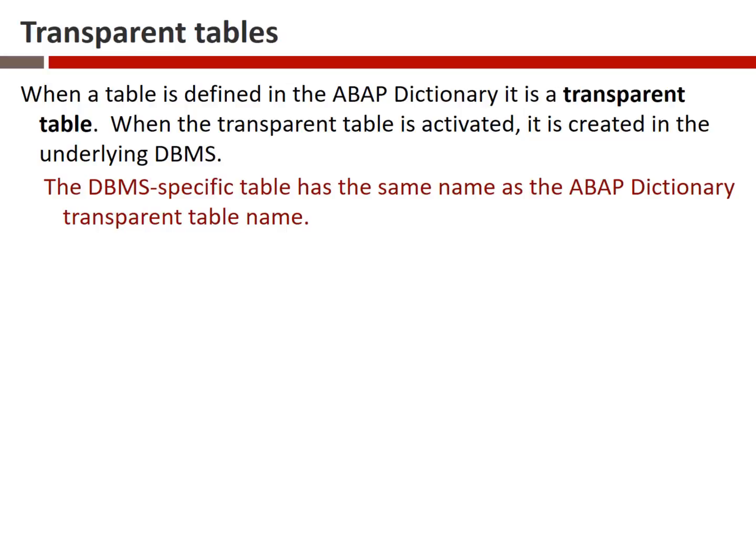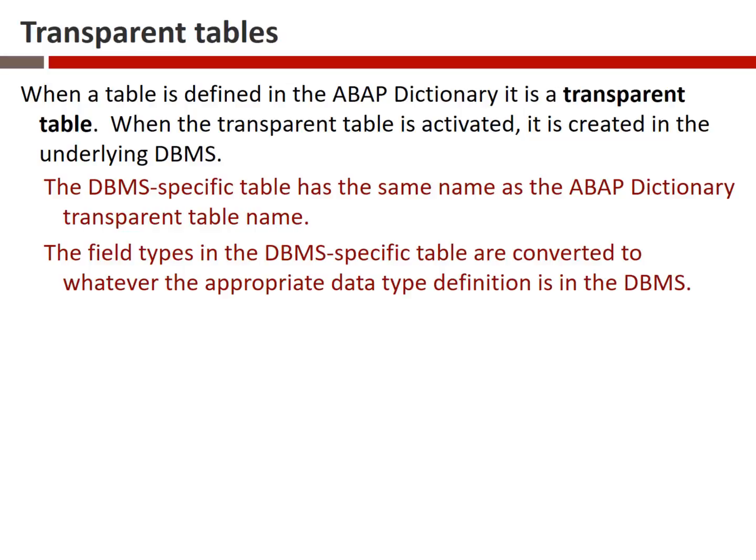So one of the things that we know is that if I create a database table and give it a name in the application server, in the ABAP dictionary, the underlying database system will create a table with that same name. So we do have that one-to-one matchup. But where this gets really, really interesting is in the field definitions.